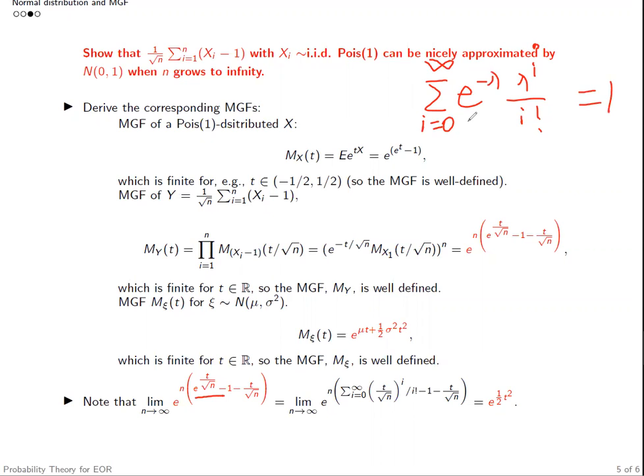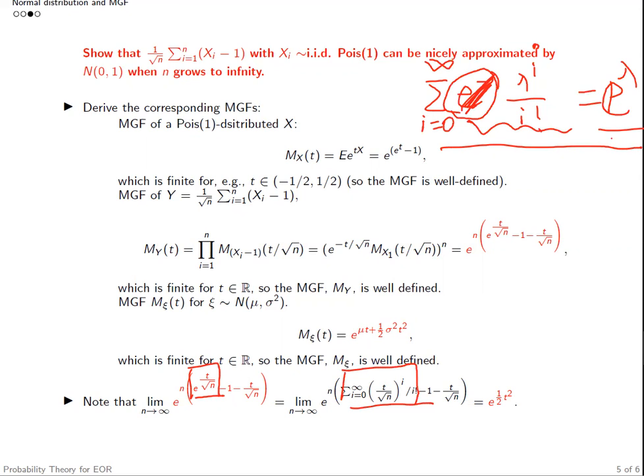This is the summation of the PMF of the Poisson distributed random variable with arrival rate lambda. Now e to the power minus lambda is a constant, so let's multiply by e to the power lambda on both sides. From the PMF of the Poisson distribution, it's easy to remember this Taylor expansion of the exponential function.